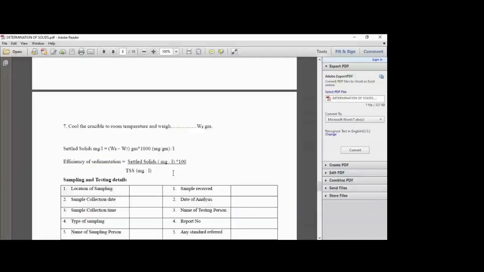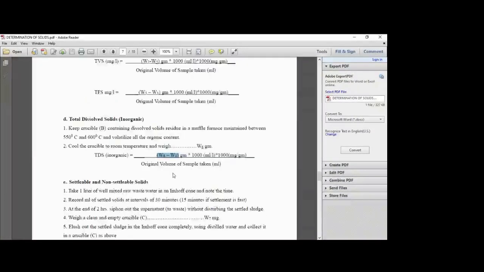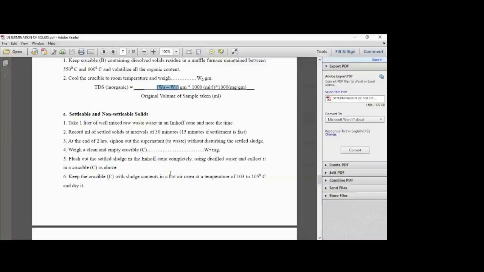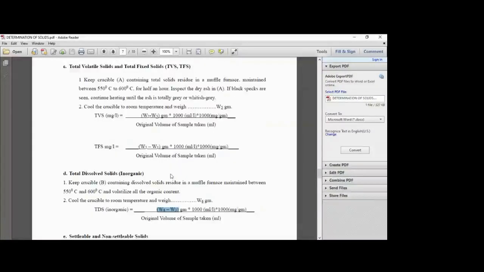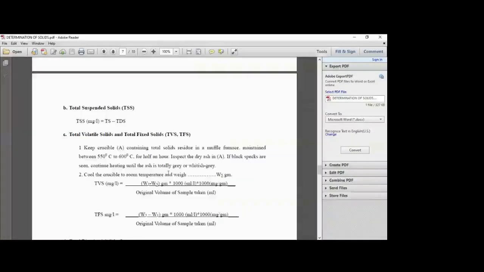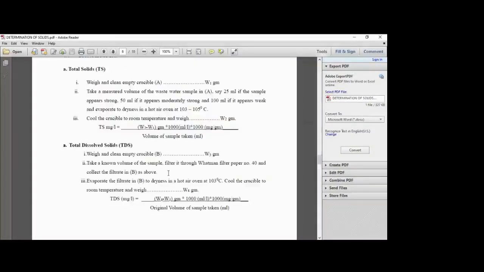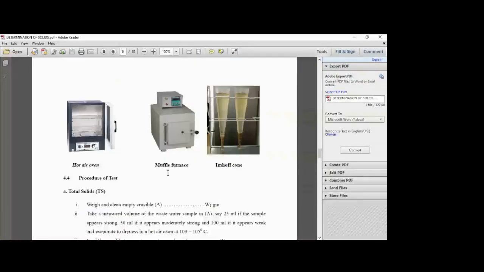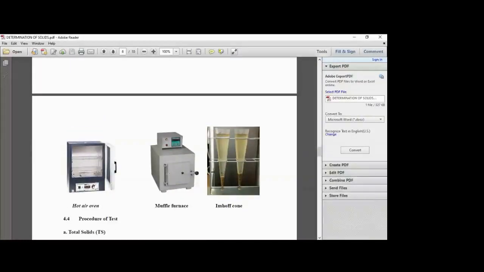So all these formulas, I think you should go through, and you should try them with some numerical values. So we are going to do this via numerical values also. I'll be uploading these videos, and then you'll understand.